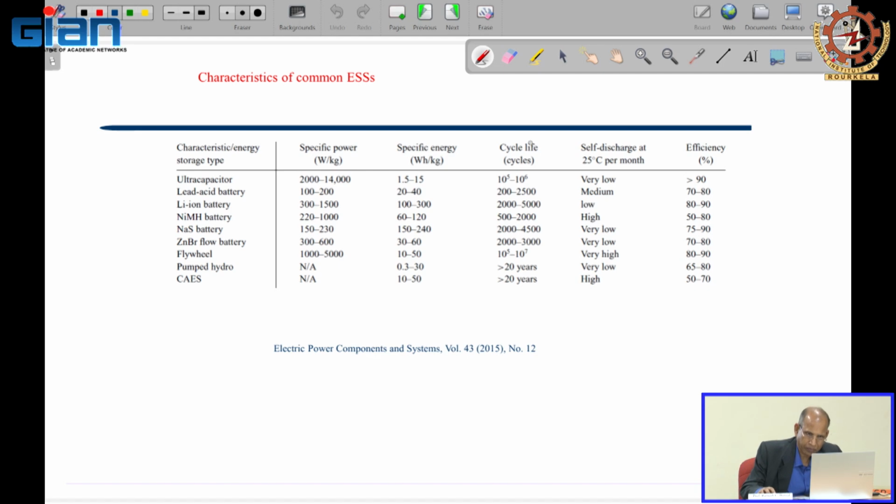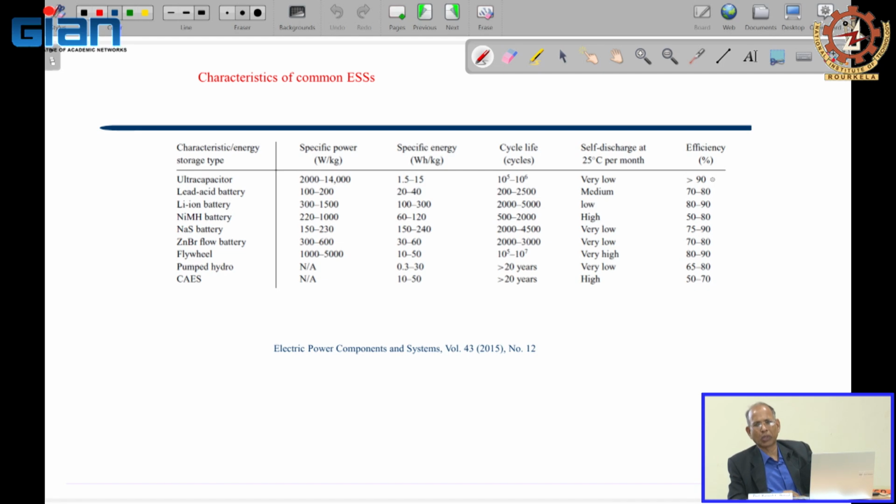Then life cycle. You have to consider how many charges and discharges it can have. That will decide the life of the batteries, and then the discharge rate and the efficiency of the storage system.